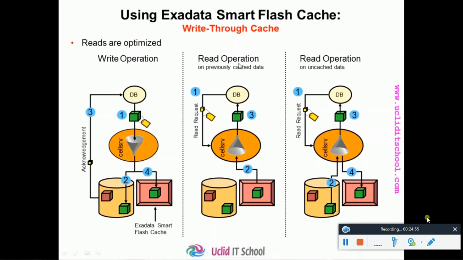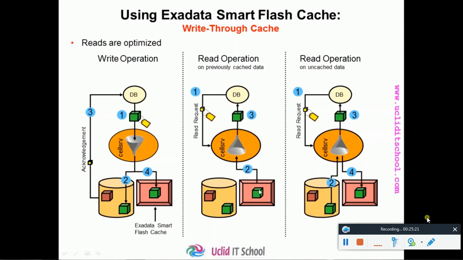Now next, see read operation on previously cached data. Again, the database server wants to read the data. Now the read operation is directed to flash, not the hard disk, because flash is faster storage. Your read performance will improve.